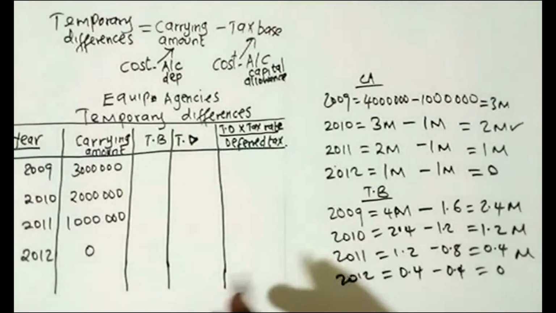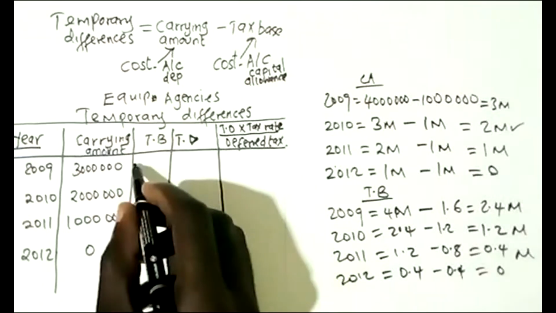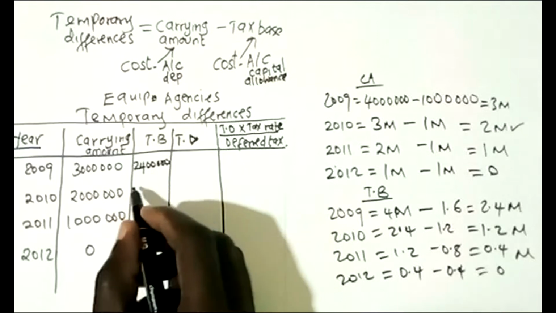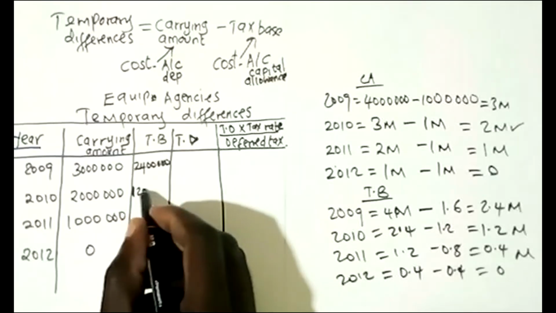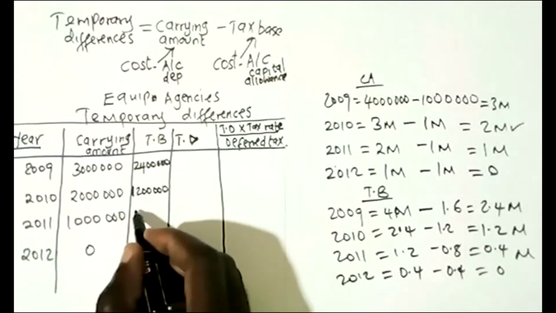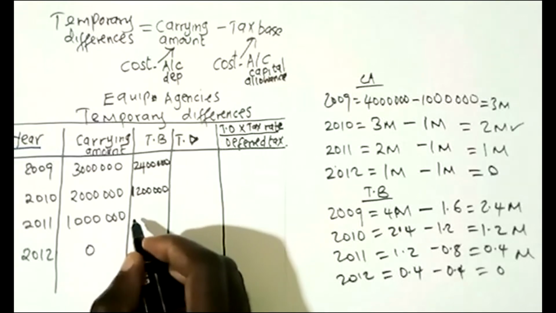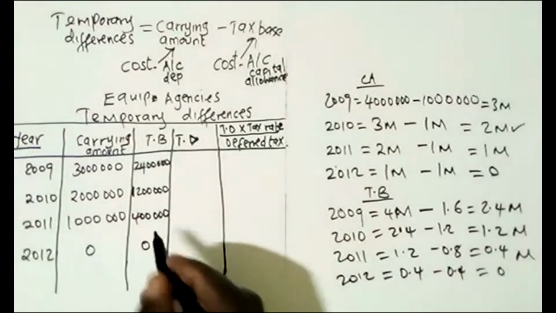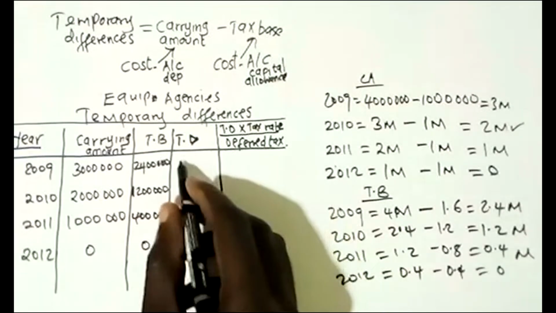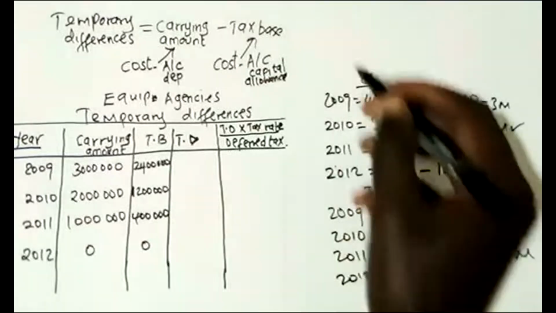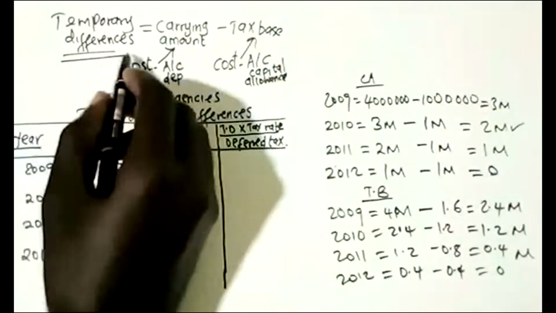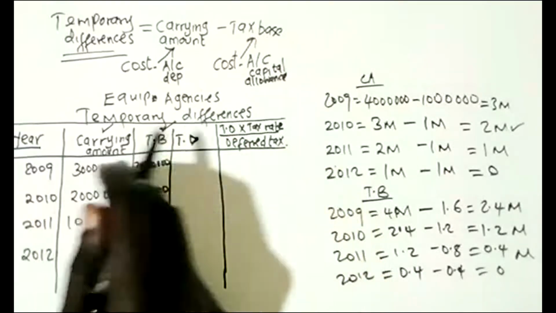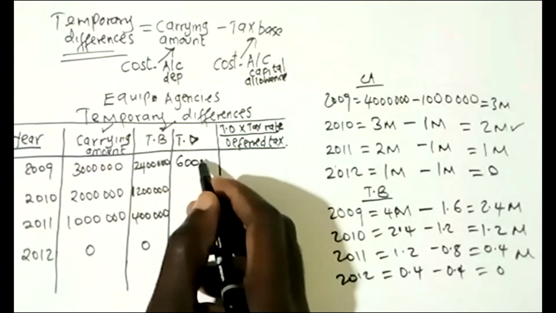Let's record. So this is 2,400,000, 1.2, we have 400,000 and a 0. The temporary difference is the difference between the carrying amount and tax base. So this minus this, 600.